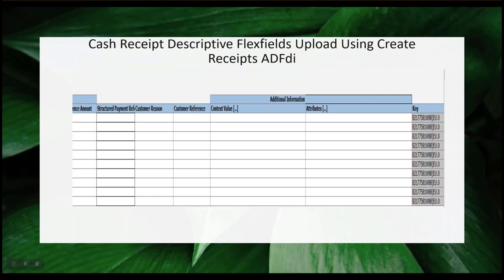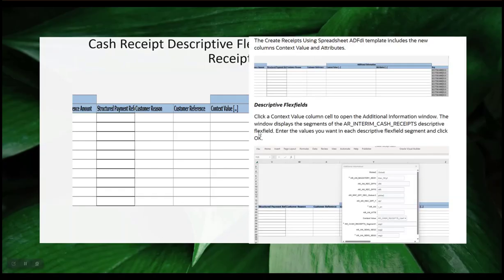The cash receipts using spreadsheets ADFDI template includes new columns: context values and attributes. Also for the descriptive flexfield, you have to click on the context cell to open the additional information window. The window displays segments of AR_INTERIM_CASH_RECEIPTS DFF. Enter the value you want in each descriptive flexfield segment and click OK.